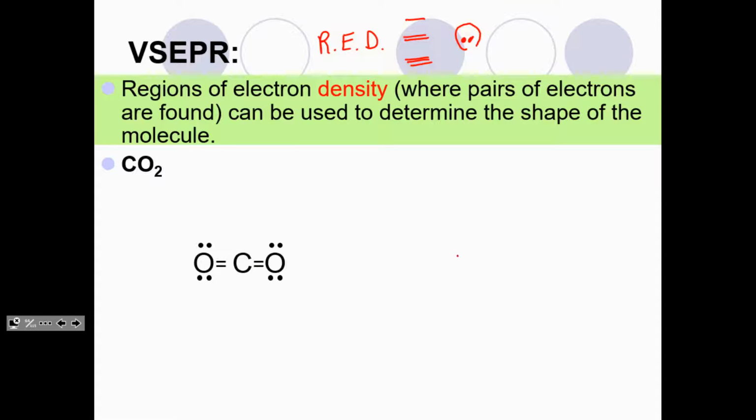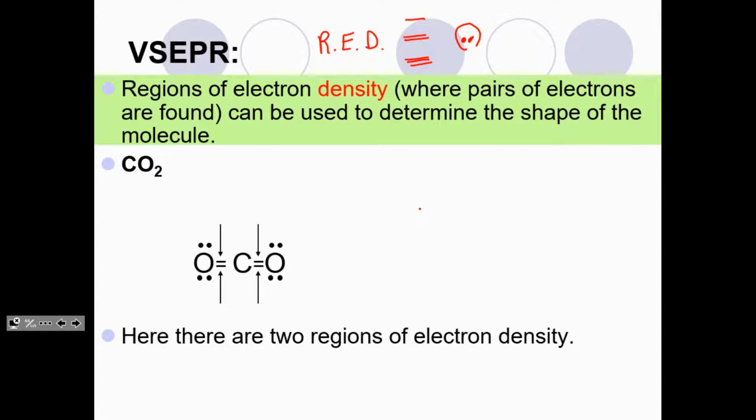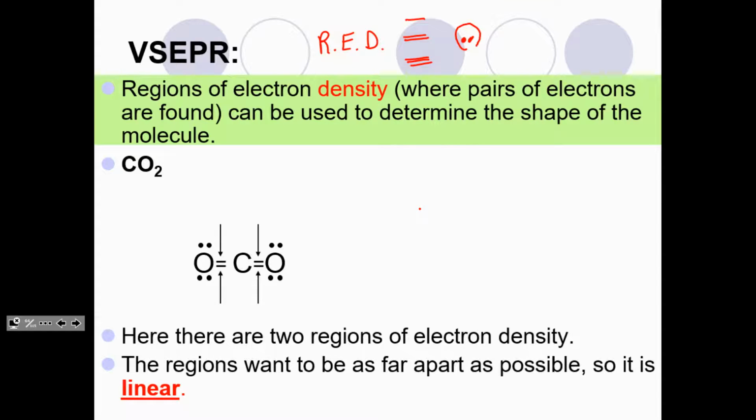So here is the molecule for CO2. It has two double bonds, and it has lone pairs outside on the oxygens. So when we're talking about REDs, we're going to look at the REDs, the regions of density, around the central atom, the center atom. So we have two regions of electron density around the carbon atom. We have two double bonds that are pointing out from each side of the carbon.